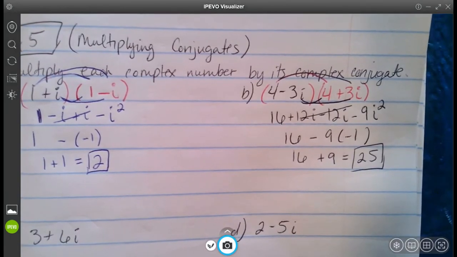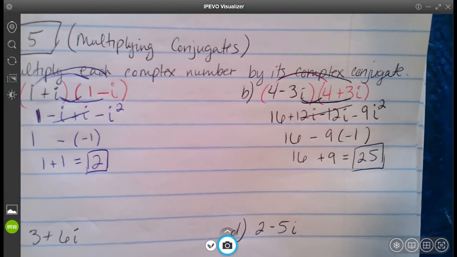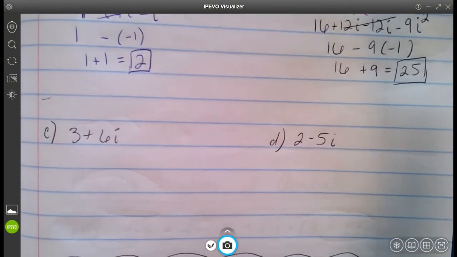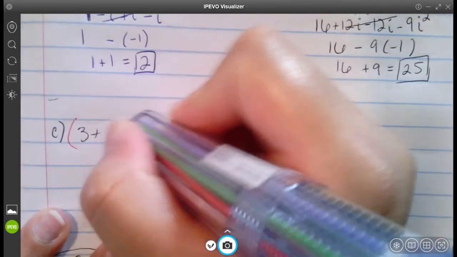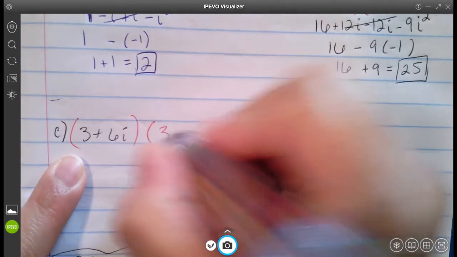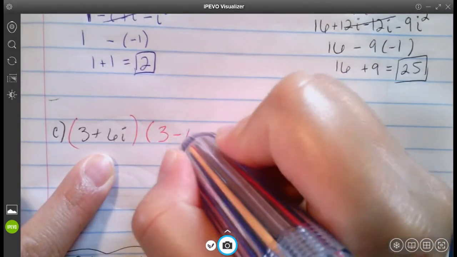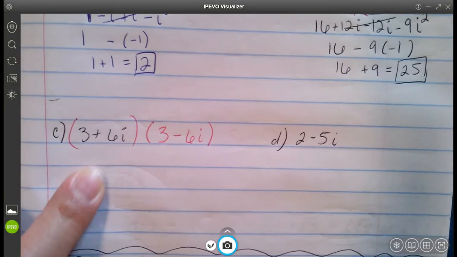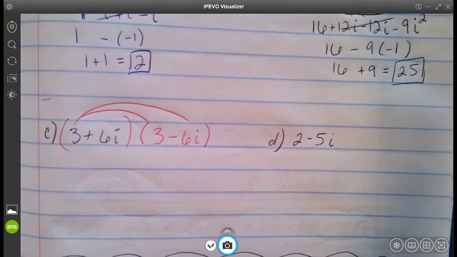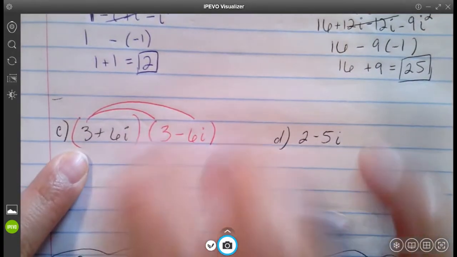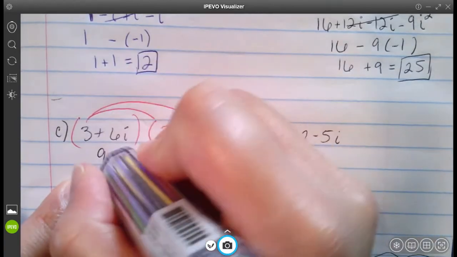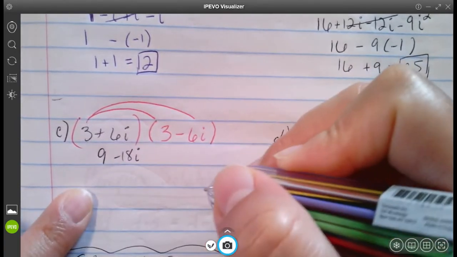Maybe you're seeing a pattern at this point, okay? If you are, great. If not, then keep on paying attention. Next one. So we have 3 plus 6i. So I'm going to multiply times the complex conjugate by keeping the same real, so 3, and changing the imaginary to the opposite sign. We're going to FOIL, okay? So 3 times 3 is 9. 3 times negative 6i is negative 18i.